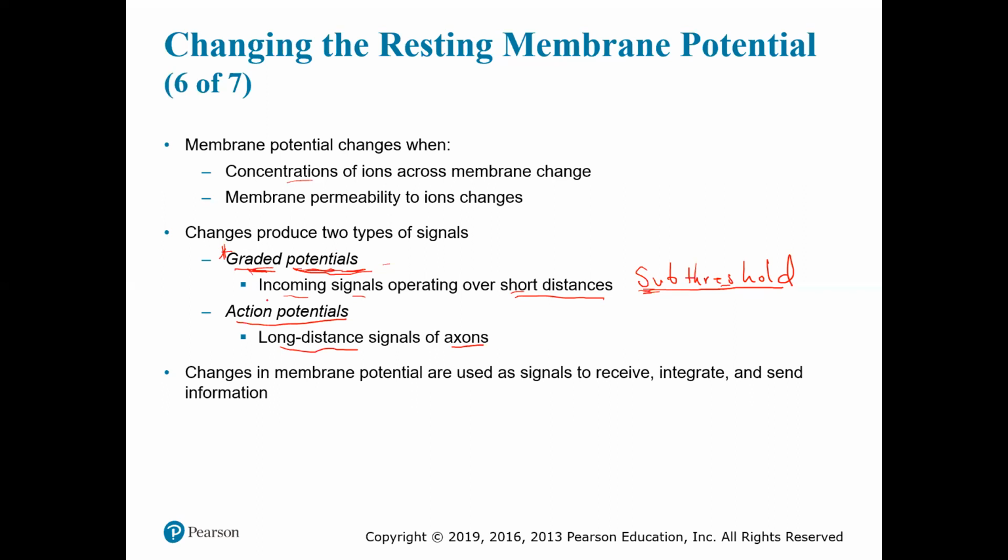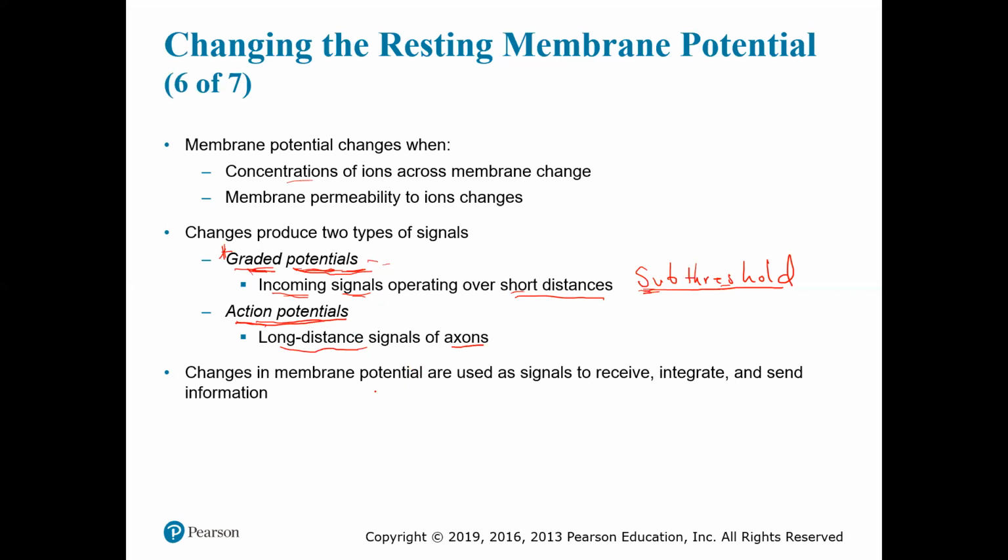They're just the beginning of depolarizations due to incoming stimuli or signals, and they go over short distances, whereas action potentials are all or nothing, full depolarization to positive 30 millivolts. I think the muscle was like 40 in the action potential of the muscle membrane, but in the neuron it's more like plus 30 millivolts, which is extremely depolarized. Like I said, it's like flushing a toilet, all or nothing, whereas graded potentials can go on all day.